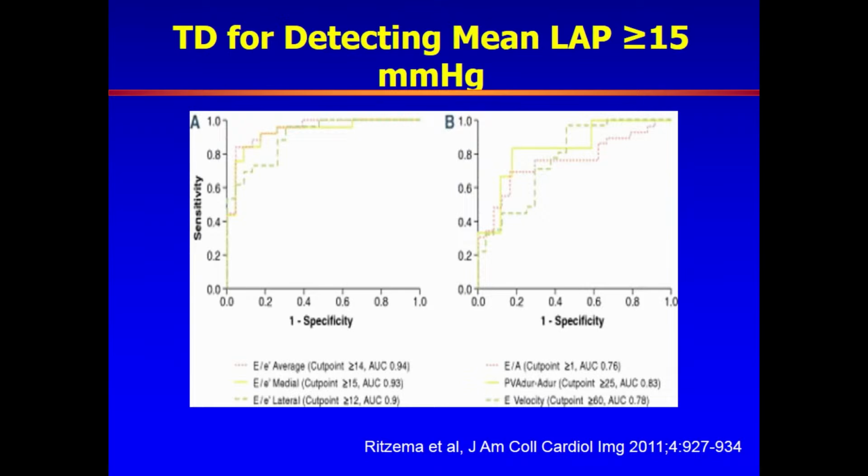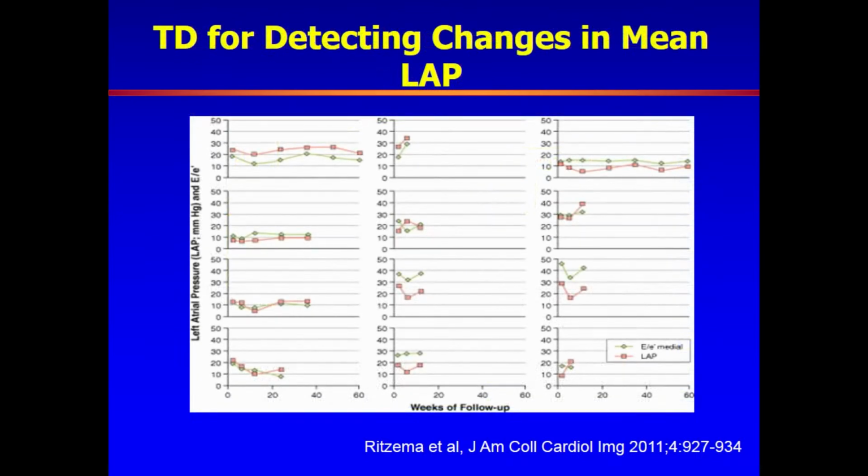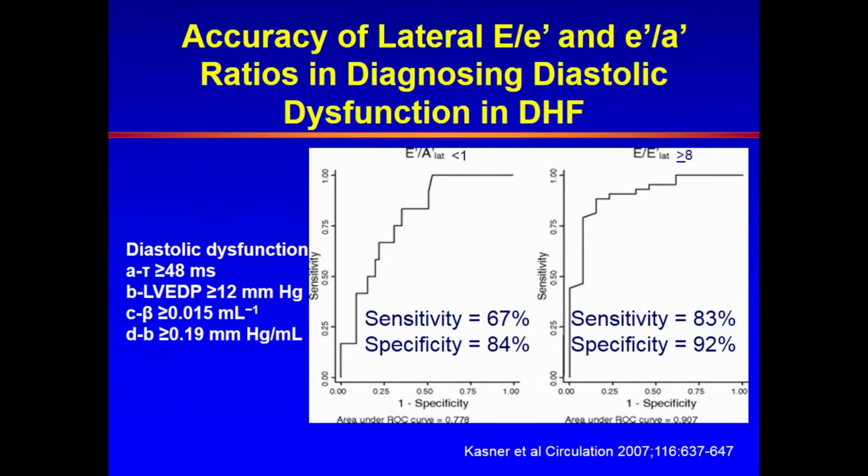You see a very large area under the curve for the average E to E prime ratio with the cutoff of 14. That was selected in the guidelines, having an area under the curve of 0.94. That shows you examples with individual data points, what happened to the ratio versus what happened to the actual LAP, and you see nice tracking on an individual case-by-case basis.